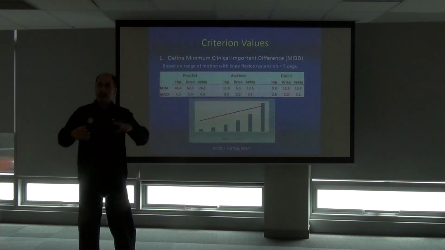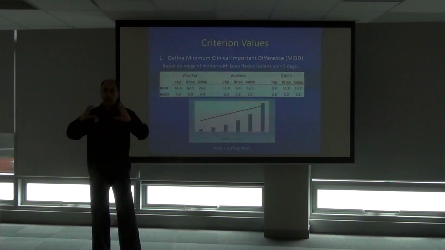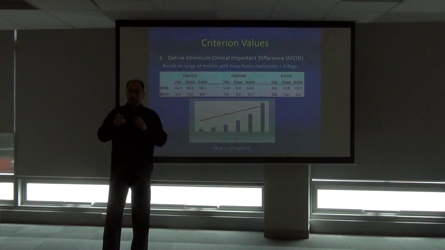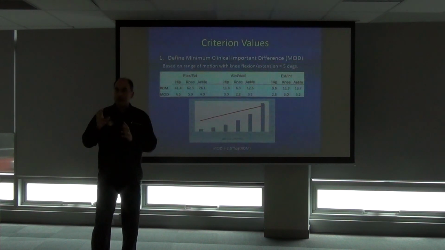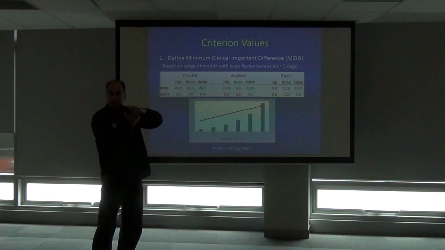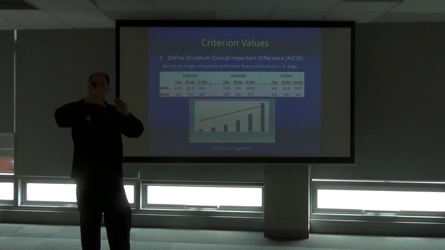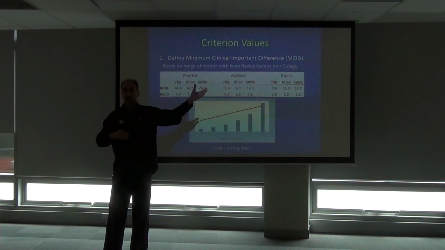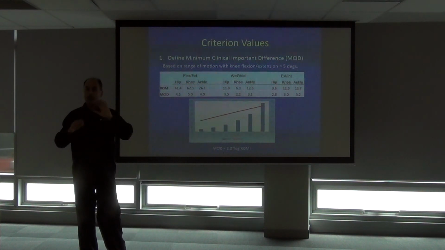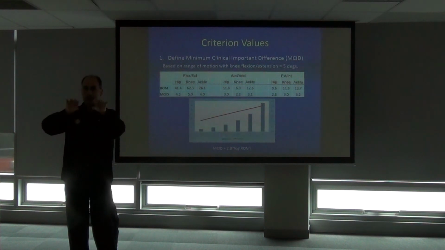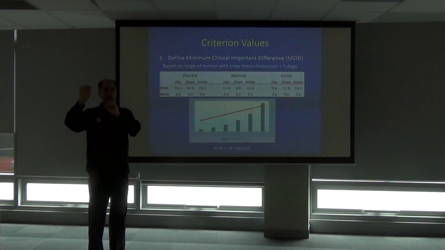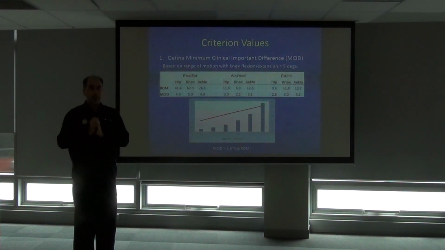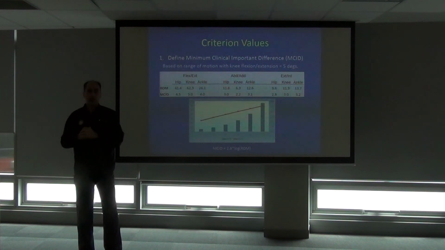We'll see this as we go along: for the knee especially, in flexion extension, abduction and internal external rotation, there's much less range of motion during stance and an increased range during swing. Not so much with the hip, but the knee especially has quite a distinct difference between stance and swing. The ankle also, but the knee is probably the most pronounced.